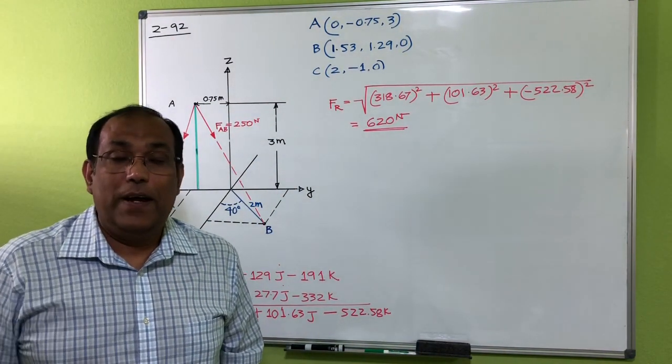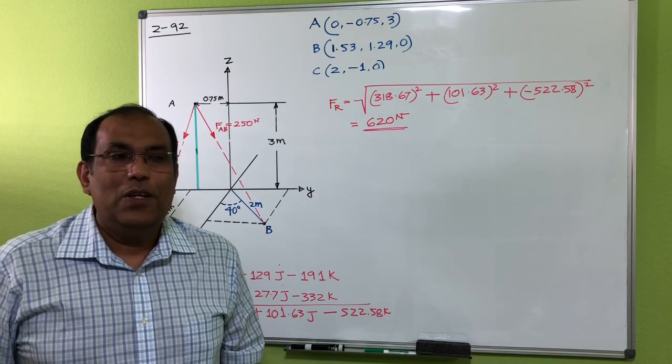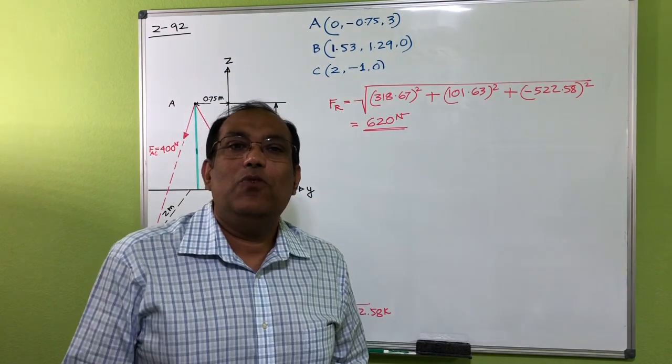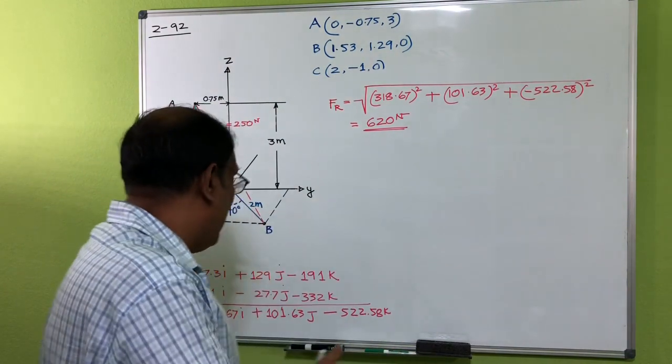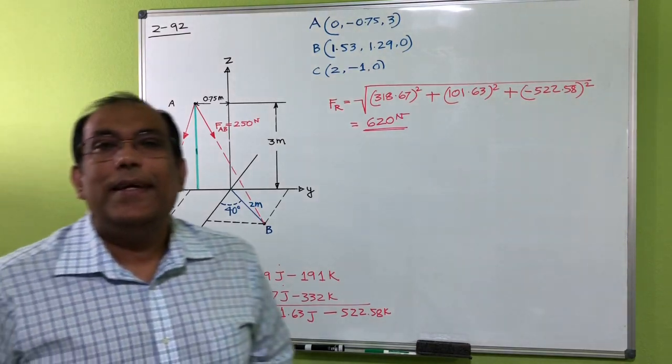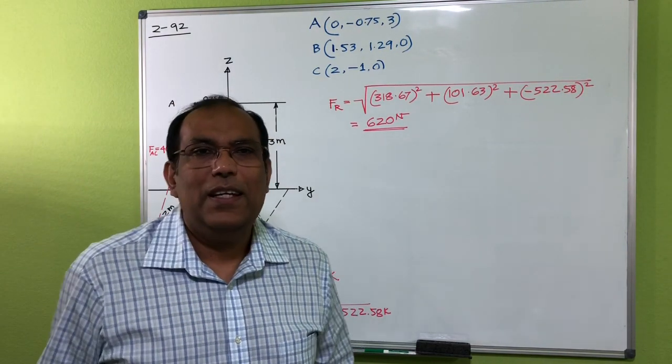Now if you want to find out the coordinate angle, then it would be much easier if you express this vector as a unit vector, okay?